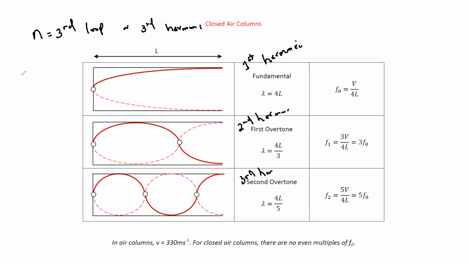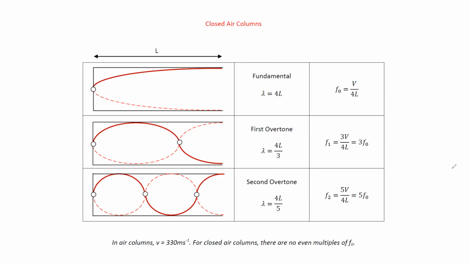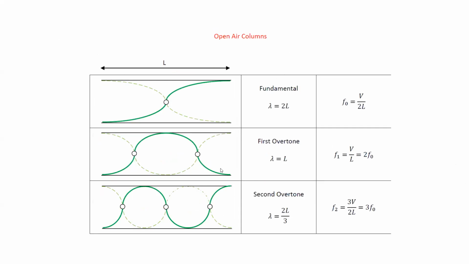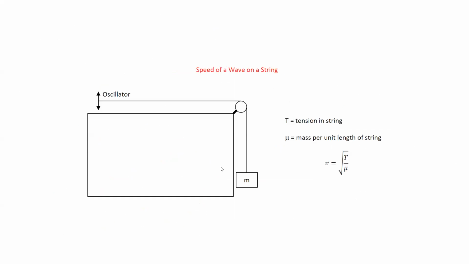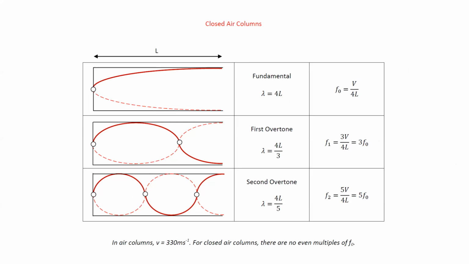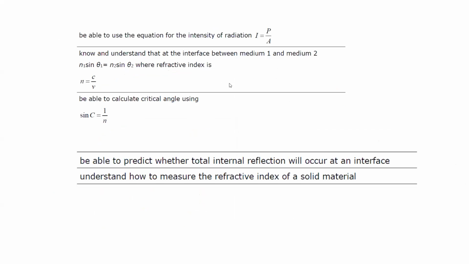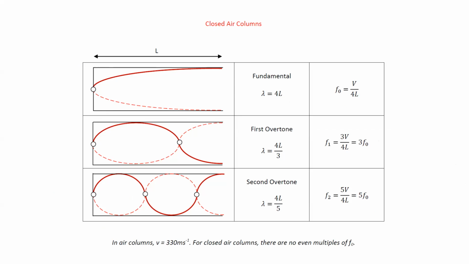The frequency for the third harmonic will be 5 times the first harmonic. But for an open pipe, the third harmonic will be 3 times F1. So you have to learn these formulas for a wave produced in a string as well as open and closed pipes. String and open pipes are the same; the only difference is the closed pipe. Is it clear? The concept of a standing wave?